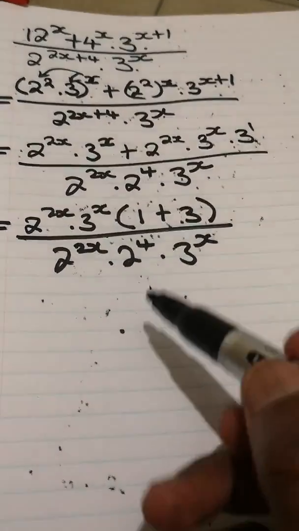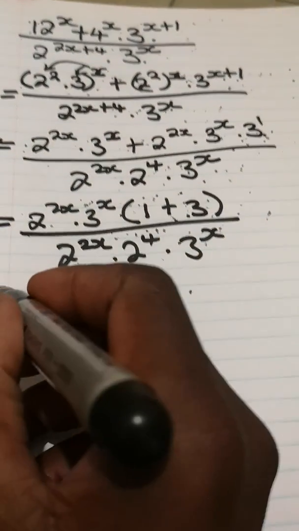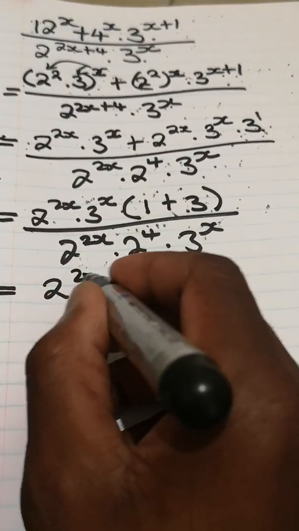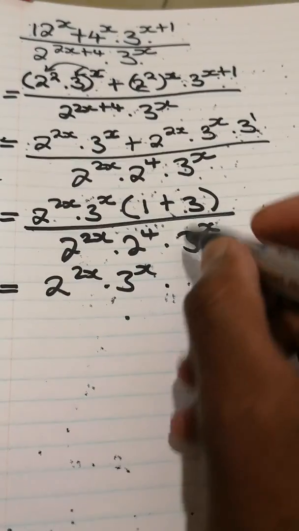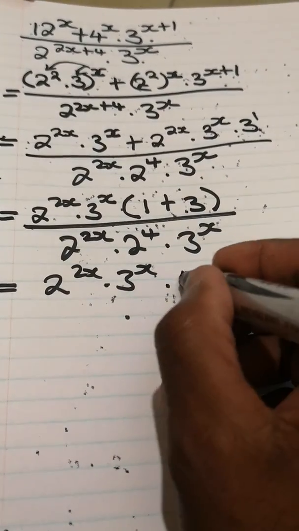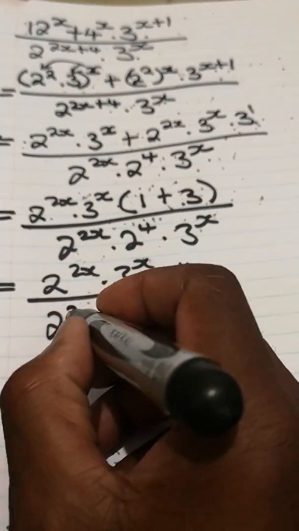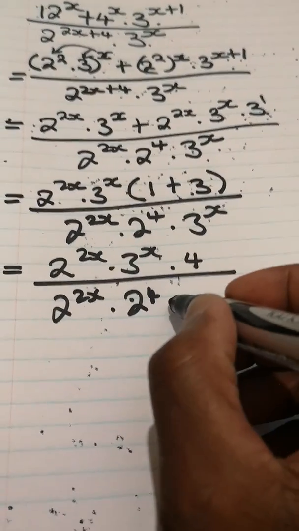Then here, I'm going to simplify the bracket, which now equals 2 to exponent 2x times 3 to exponent x times 3 plus 1, that's 4, all over 2 to exponent 2x times 2 to exponent 4 times 3 to exponent x.